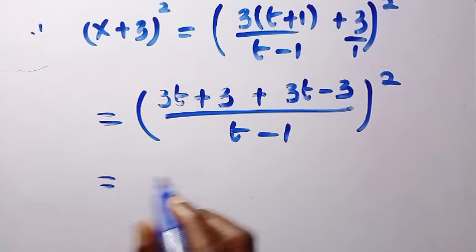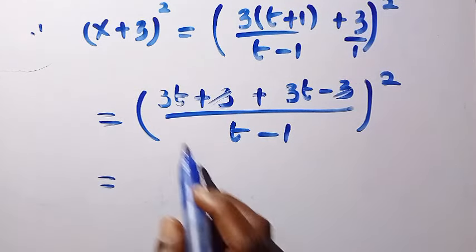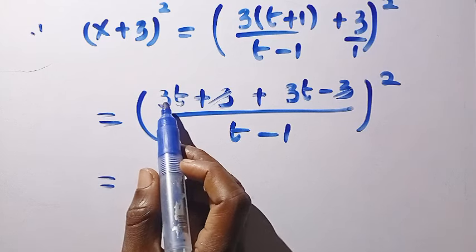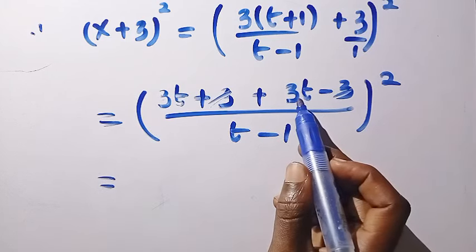Next, plus 3 minus 3 cancelled, and here we have 3t and this is also 3t.